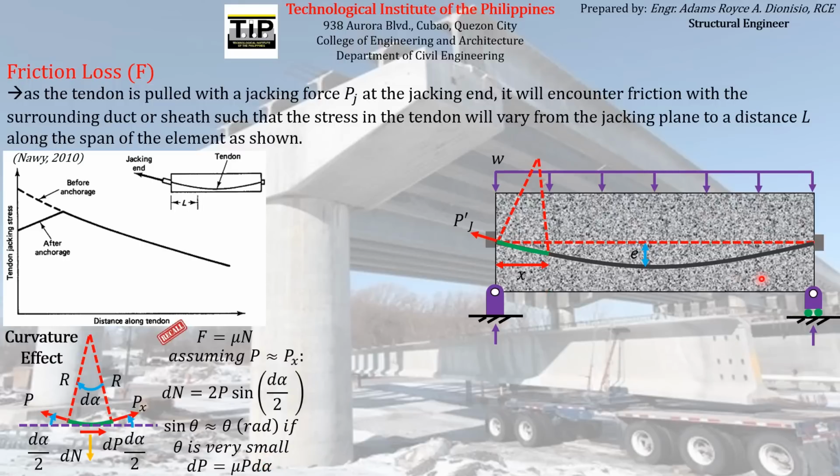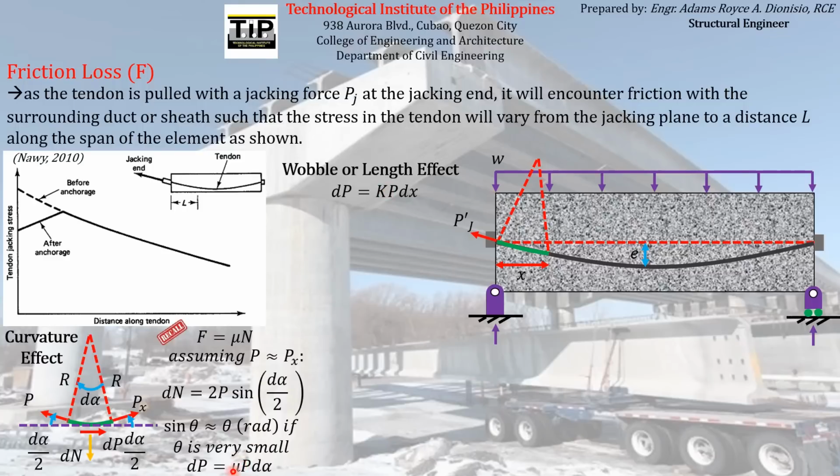So for accounting the wobble effect or the length effect, which is the unintended curvature of the pre-stressing reinforcement, we will have a formula similar to this. We just have to change the corresponding symbols.